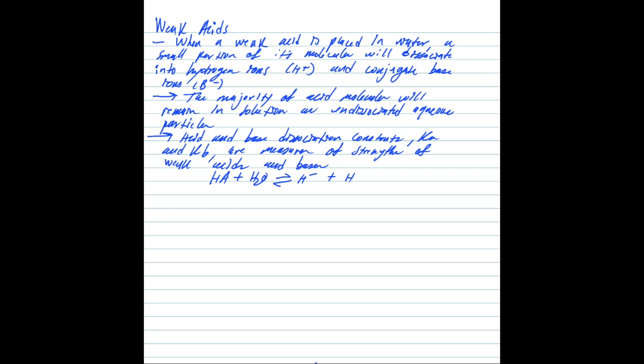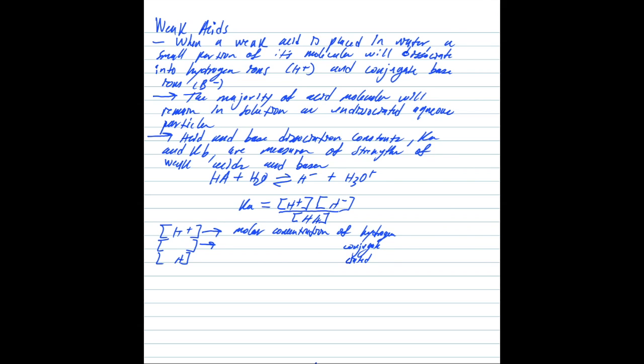And the acid-base dissociation constants, Ka and Kb, are measures of the strengths of weak acids and bases. Basically, it's the measure of how much dissociation you have when you put a sample of that acid into water. And we have the equation for the Ka. We start out with the chemical equation, HA plus H2O, reversible, so arrows back and forth, because it's a reversible reaction, to A minus plus H3O plus.